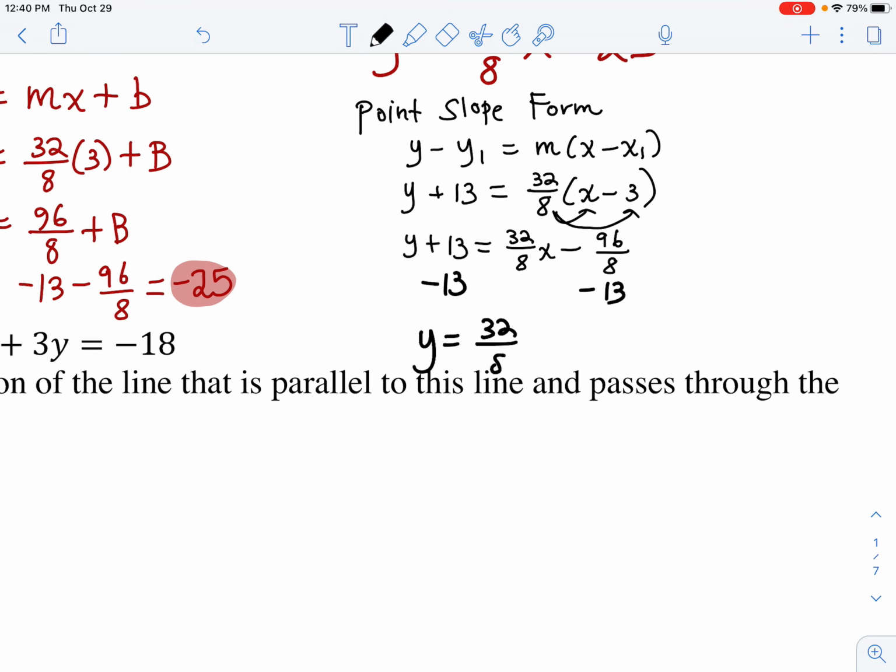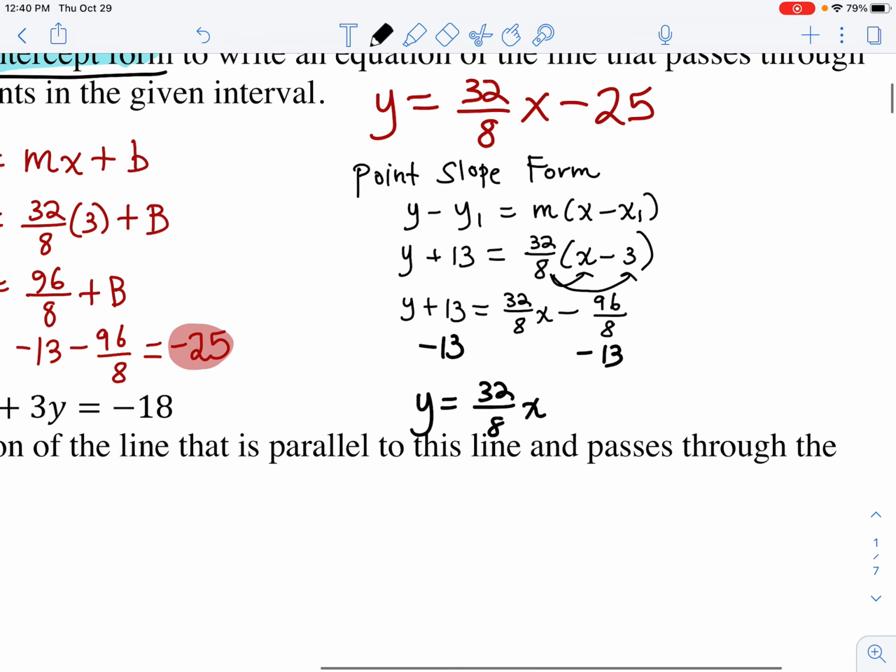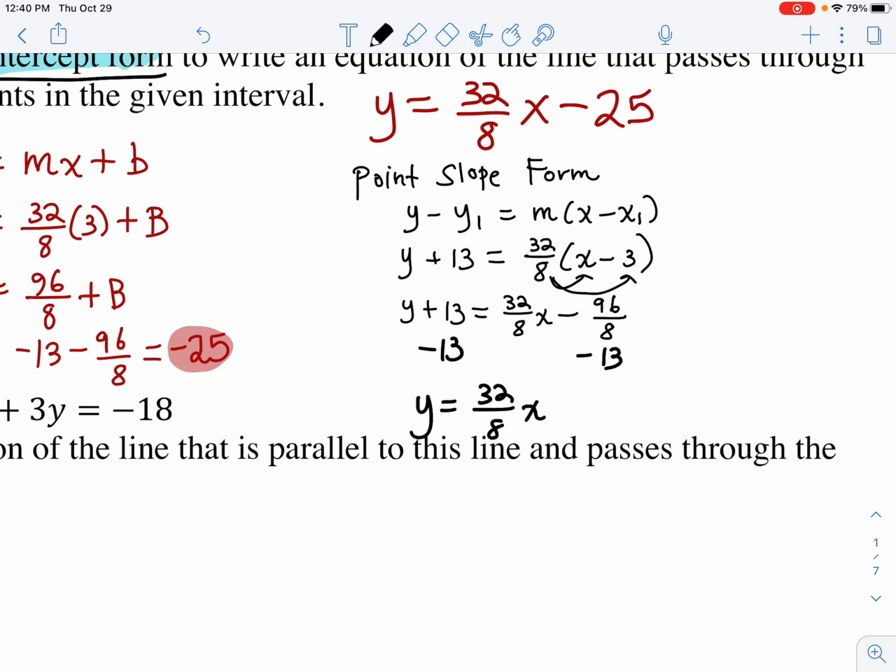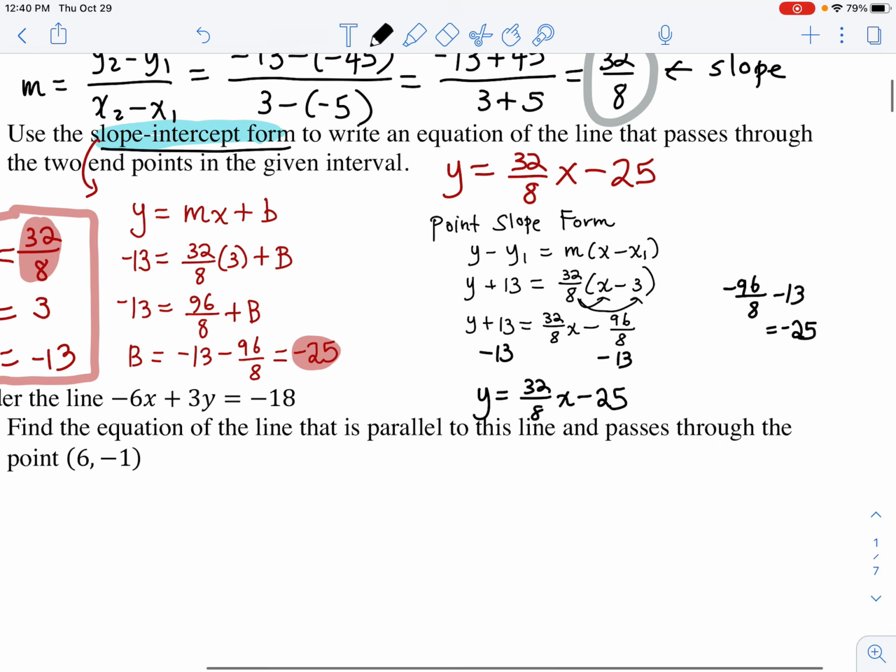Therefore, y equals 32 over 8 x, and here I need to subtract negative 96 over 8 minus 13. All right, what's that going to be? Negative 96 over 8 minus 13 comes out to be negative 25. Okay, so notice I got the same exact answer.